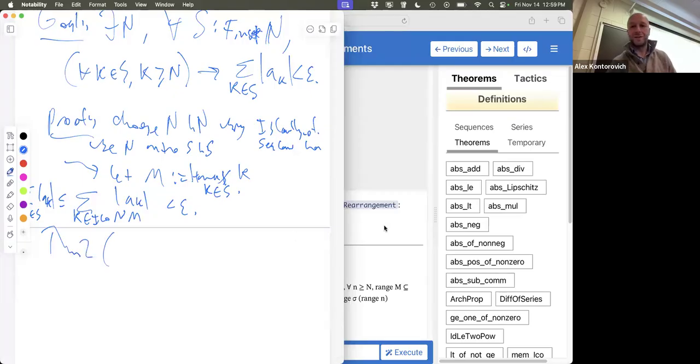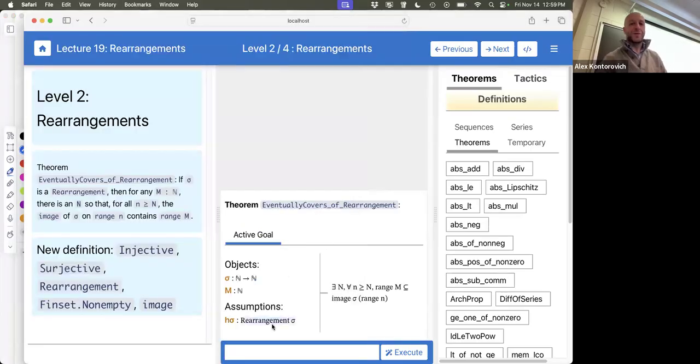Theorem 2 is called eventually covers of rearrangement. It basically says exactly what we were just talking about. If sigma is a rearrangement and you give me a number m, then there exists an N so that for all n at least capital N, the first m numbers are inside the image of sigma on the first n numbers, as long as little n is large enough.